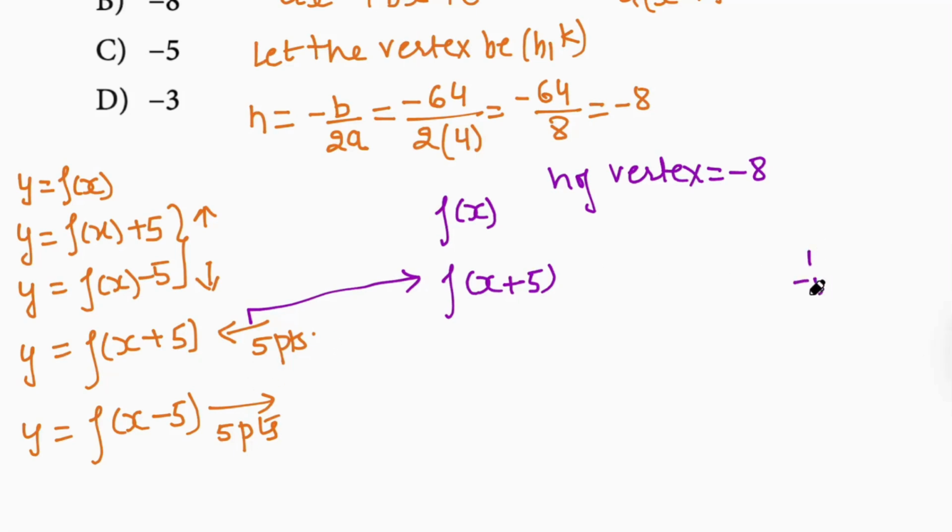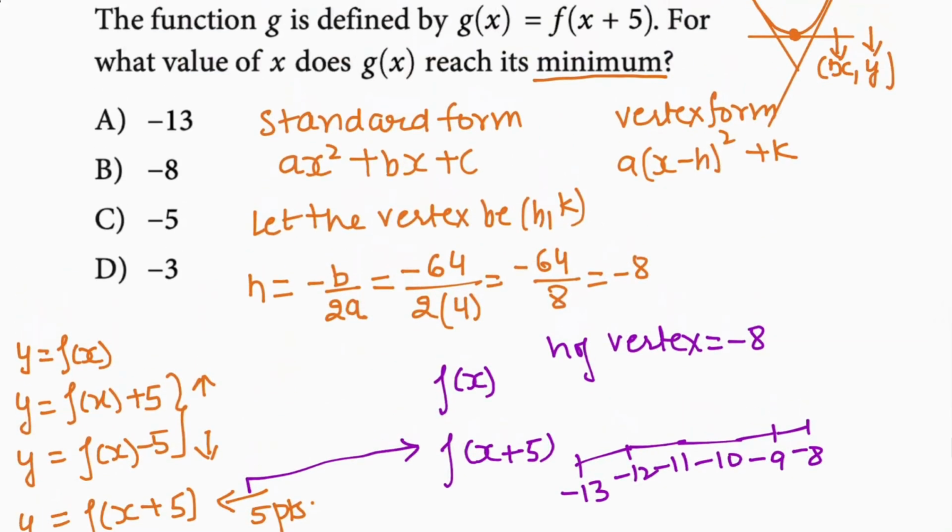So if it is -8, -9, -10, -11, if you keep on counting till 5 points, it's -13. So the x coordinate of the vertex of the transformed function is -13, right? So A is the right option.